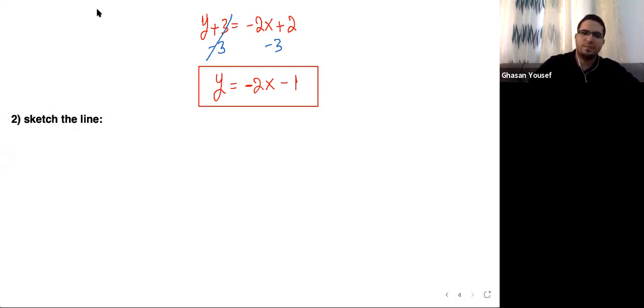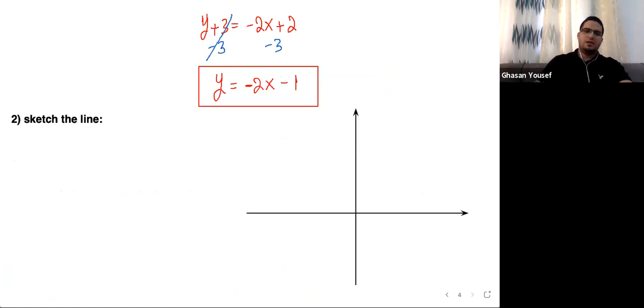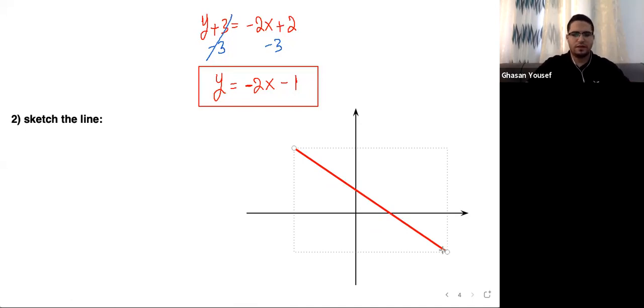First of all, because the slope is negative, in the question the slope is minus 2, the graph is going to look like this, like number 4. Why like this? Because the slope of this line is negative.